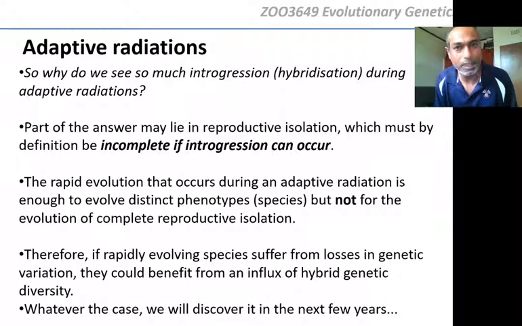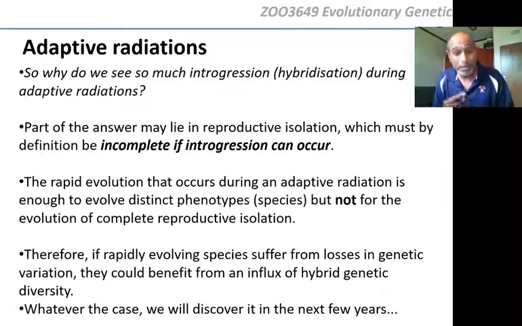Okay? It decreases the population's fitness. So what happens when we are losing genetic variation but evolving rapidly? It might be a good idea to mate with another species and get the variation that it has into your gene pool, to increase the variation of your gene pool, which is going down.